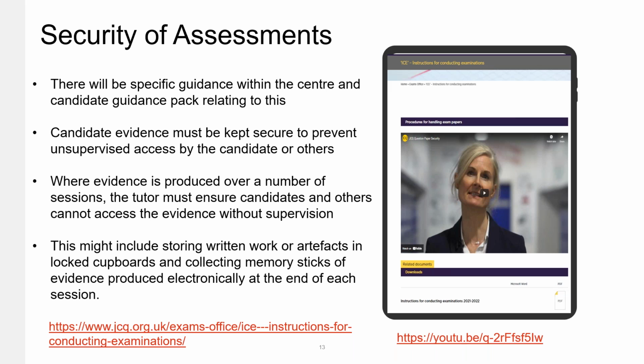So I've included a couple of bits of information that you will be responsible for storing work, especially for the ESP, in between. You might have to think about how you're going to store that. Is it a locked cupboard, collecting memory sticks at the end, and where are they going to be kept so that candidates won't be able to access that?